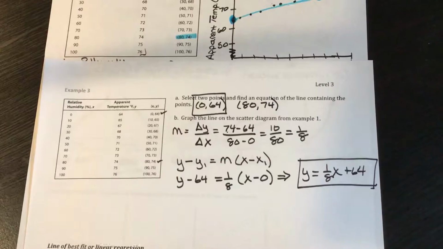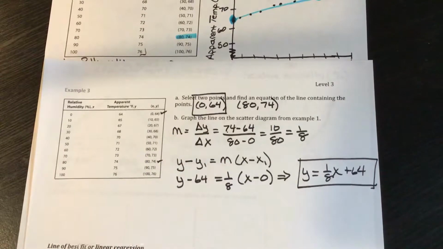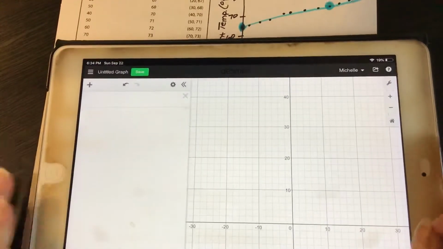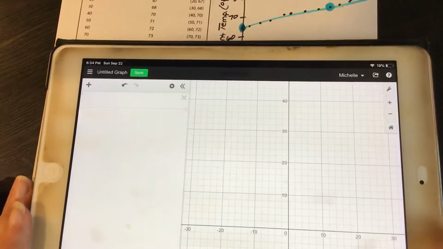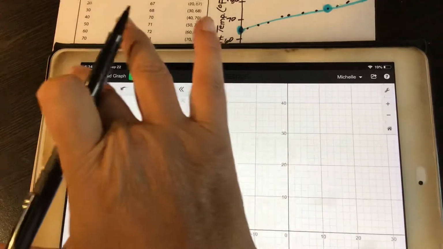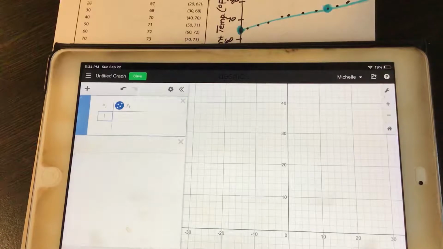All right, so at this point, we are going to do this on Desmos. So I'm going to bring another iPad in here, and I'm going to show you how you can put the data into a table. The first thing we would do is touch the plus in the top left corner, which would give us a table.